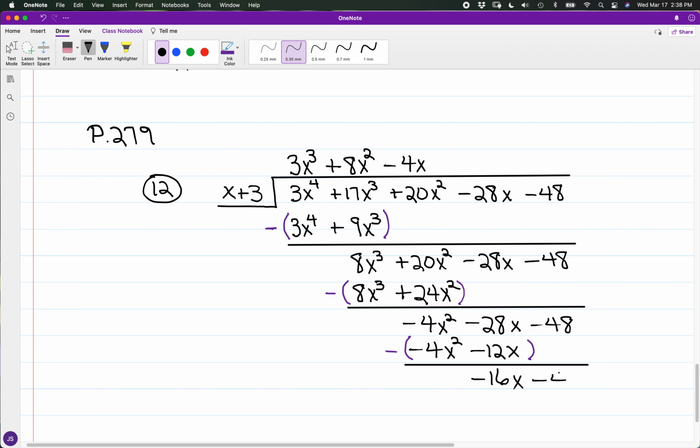Minus 48. And then we have x into negative 16x, so this will be negative 16. Distributing, we have negative 16x, and negative 16 times 3 is going to be negative 48.